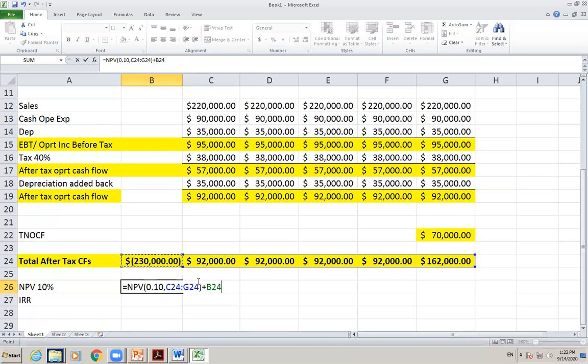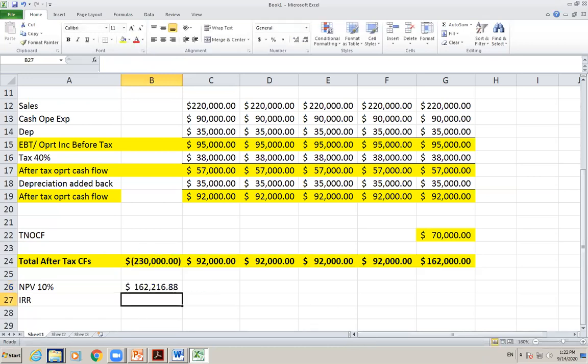Yes. And as I told you, when you type the NPV function here, it just gets you the present value of all future cash flows. And minus the investment cost, you should do it manually. So this is our NPV.